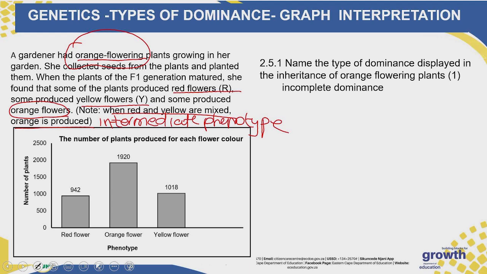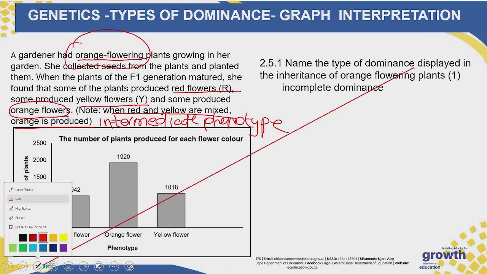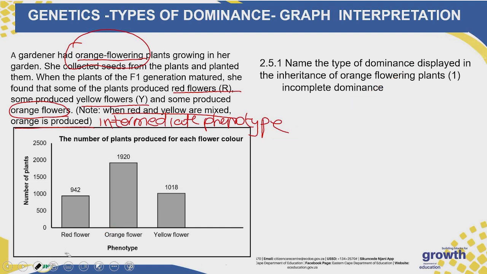Now, the first question was asking, name the type of dominance. And the type of dominance there is incomplete dominance.